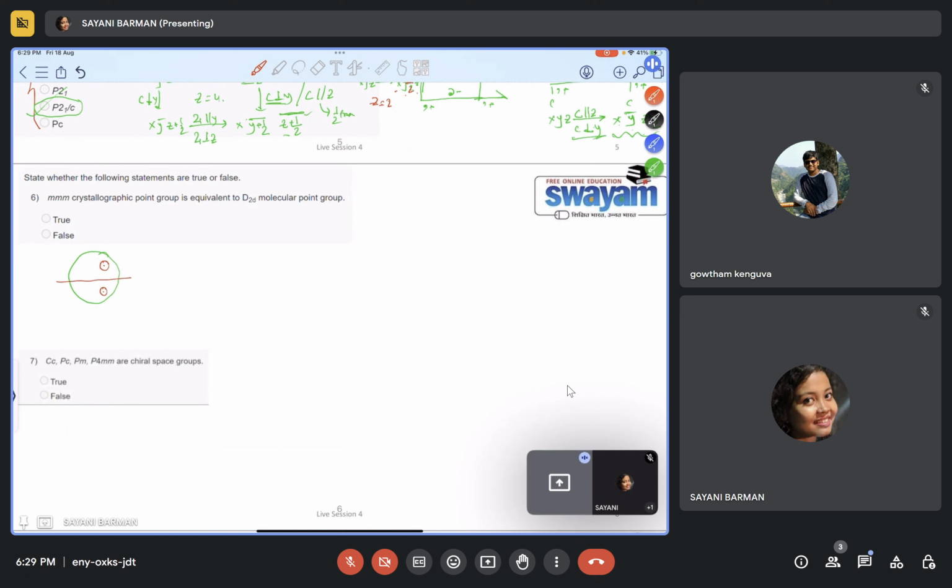Now there is another perpendicular mirror, right? So you'll be getting a mirror, let's say here. Then this is the point. This is the point, right? Now let's say, yeah, this is mmm. Now you can say if there is a mirror point here, I'll just draw.